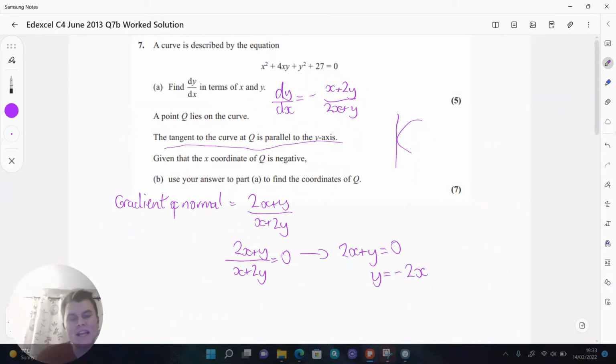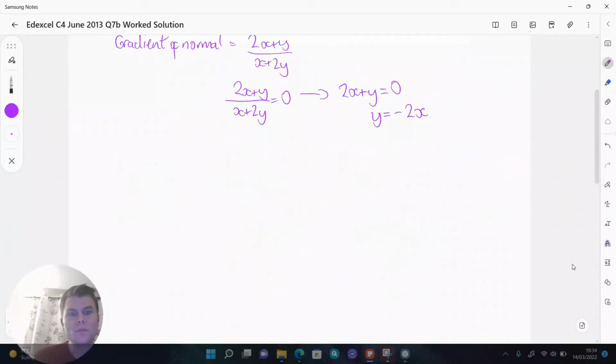Because what that does is it now gives us something that we can substitute back into our original equation to find what that x coordinate is. Once we've found the x coordinate, we can then find the y coordinate. So I'm going to substitute y equals minus 2x into the original equation. Okay.